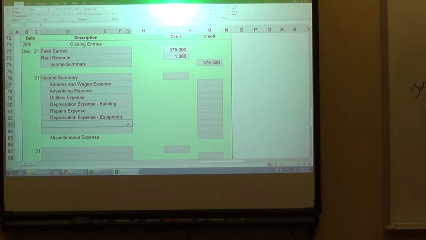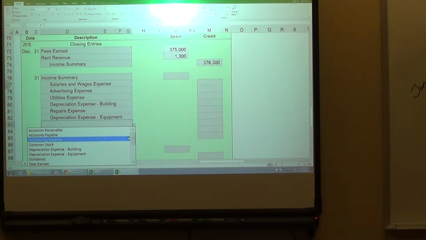Taking all the expenses in here, we're going to remove all those out of there, so we basically start off at zero next month.